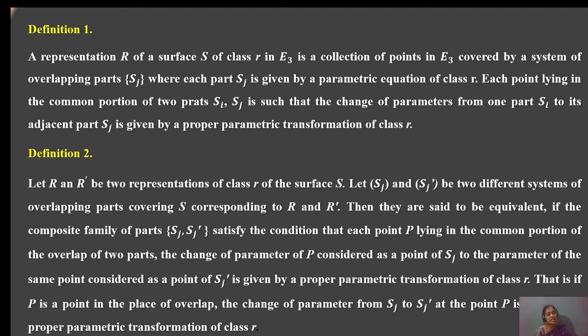Sj and Sj dash satisfy the overlapping condition, and the parameter of a point in Sj and the parameter of the same point are related by a proper parametric transformation of class R at the point P.